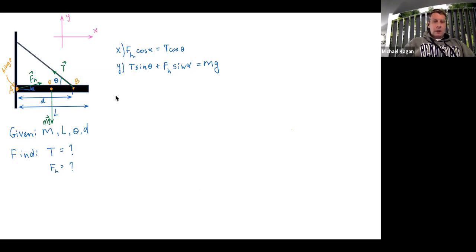So I would start with the axis A because that kills the unknown force, F hinge. Tension produces a counterclockwise torque, gravity produces clockwise torque. They compete, but we can set their torque magnitudes equal.